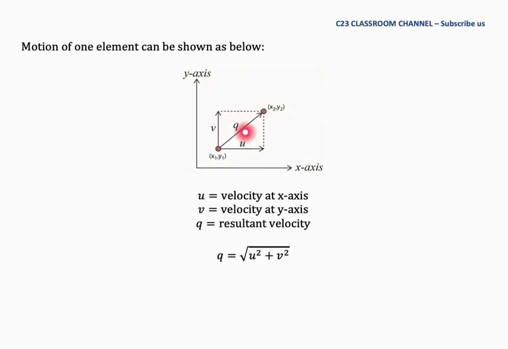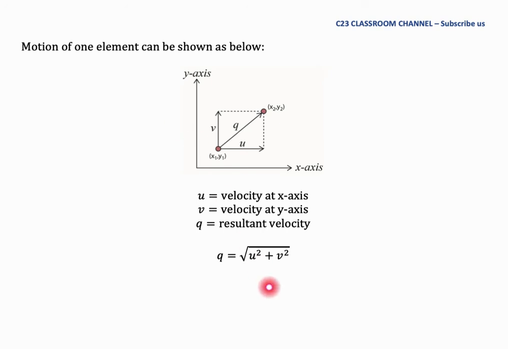And this velocity is the resultant velocity, because if we discuss the component velocities, we could say this molecule has the component velocity u, which is the velocity parallel with the x-axis, and the component velocity v here, which is the component velocity parallel with the y-axis.